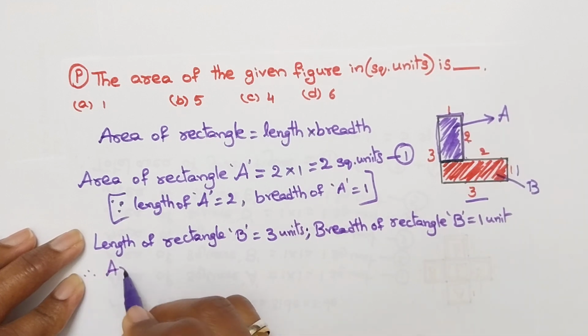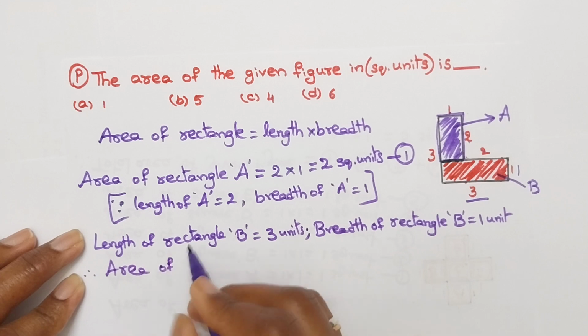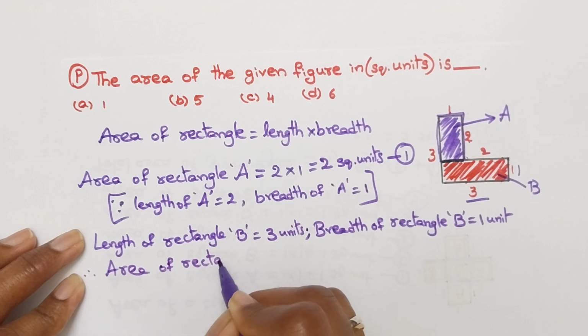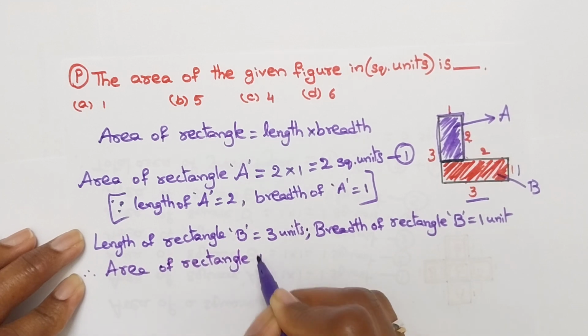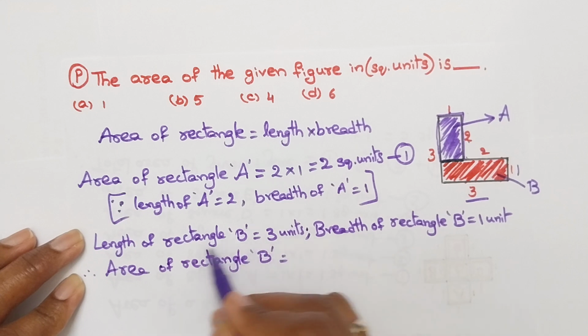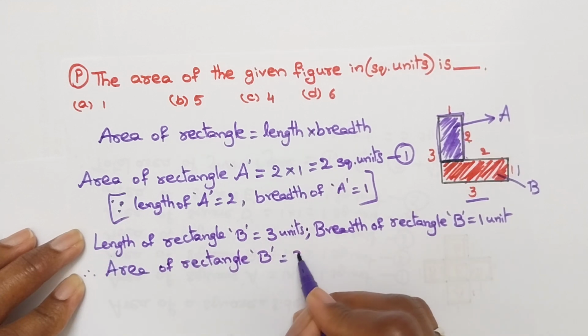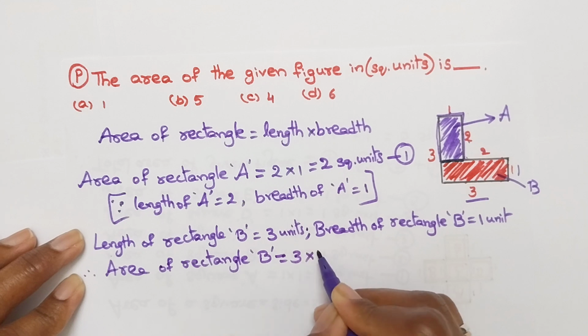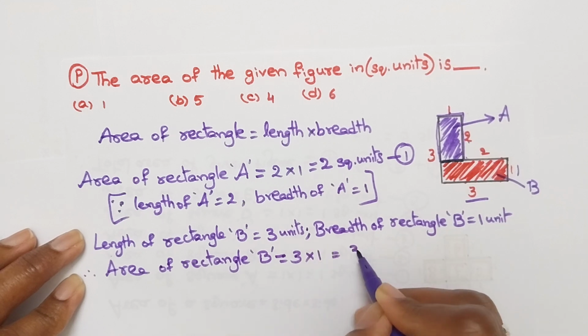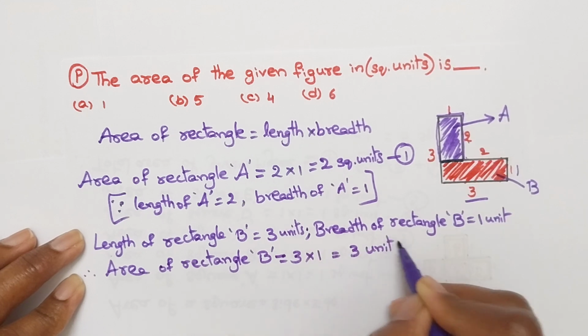Therefore, area of rectangle B equals length into breadth, that is 3 into 1, that equals 3 square units.